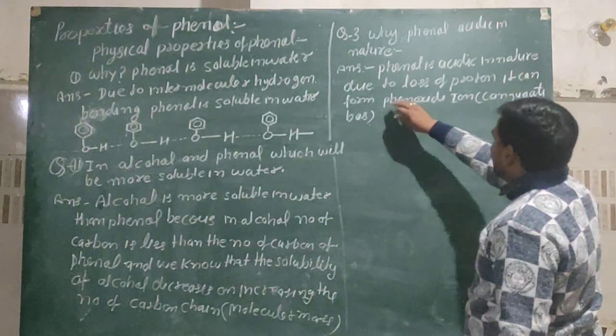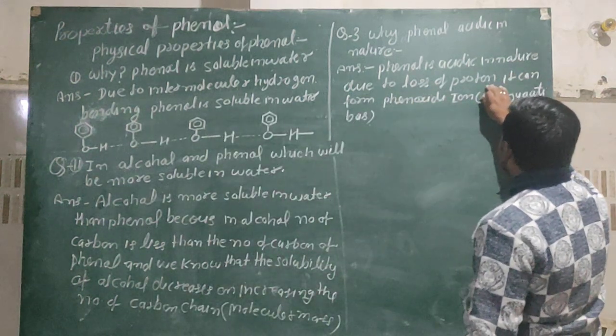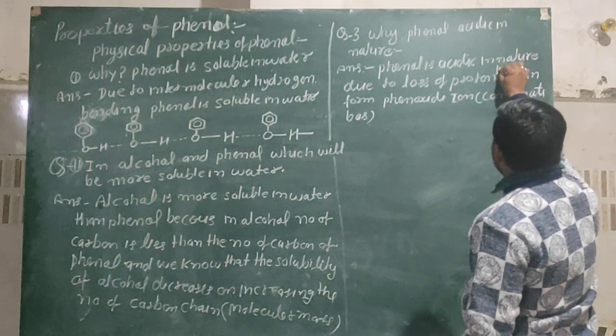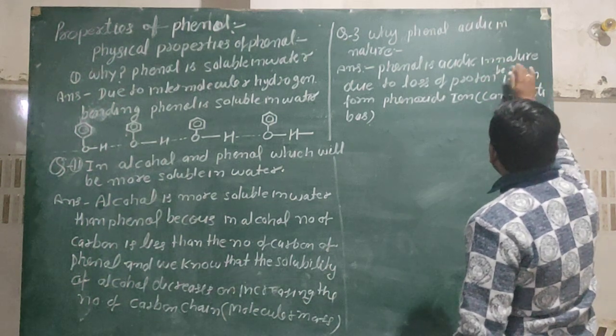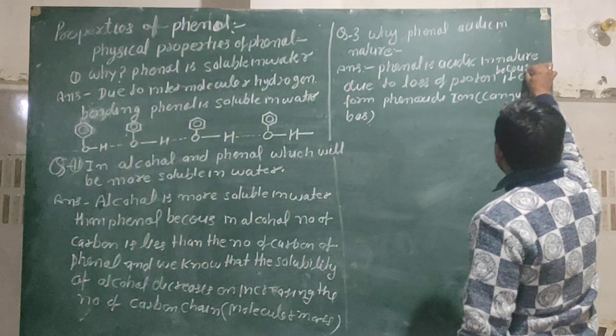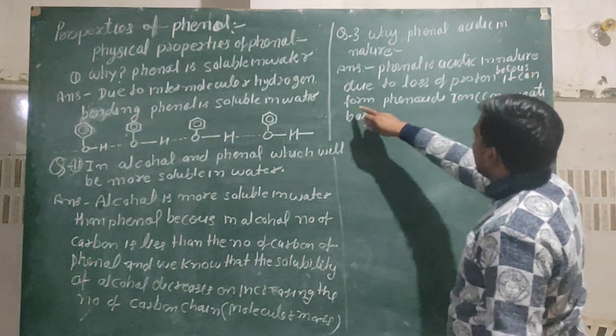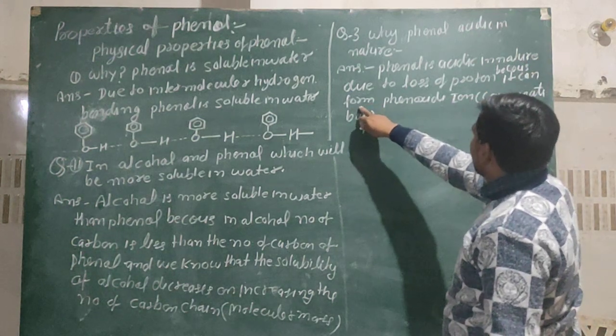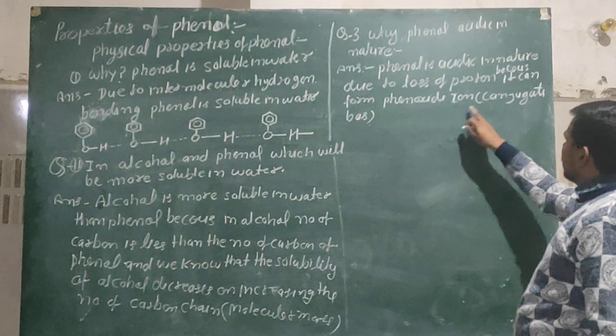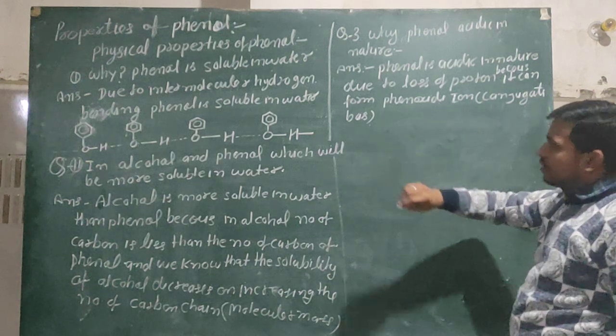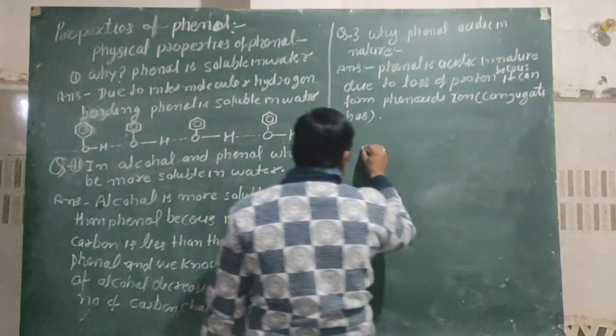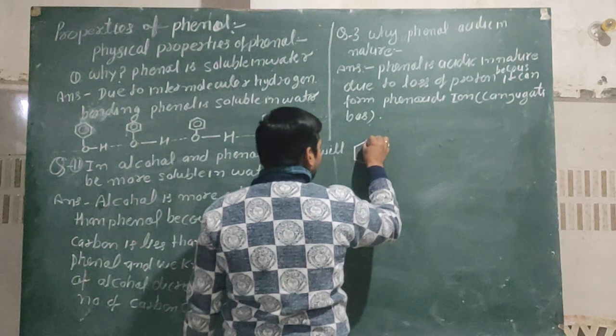It can lose a proton because it can form phenoxide ion or conjugate base. You can see here it is the phenol.